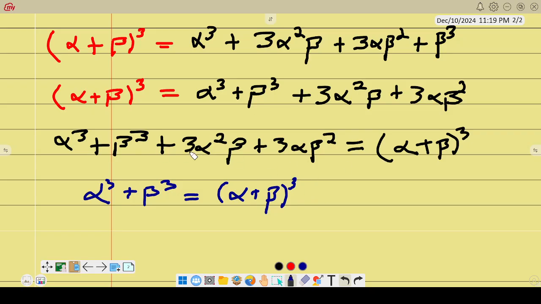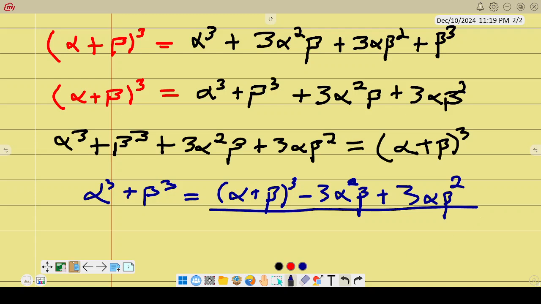So this plus will become minus. So minus 3 alpha squared beta plus 3 alpha beta squared. Oh, we're done. So where there is alpha cubed plus beta cubed, you write all this.